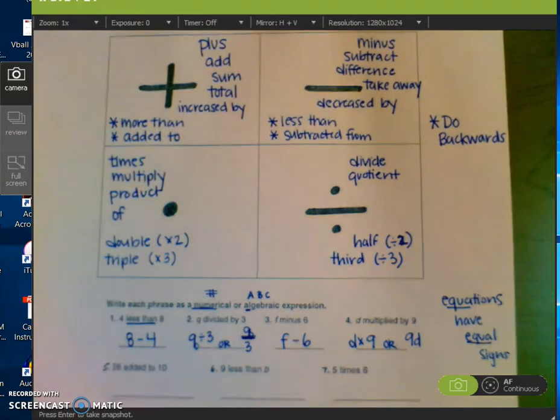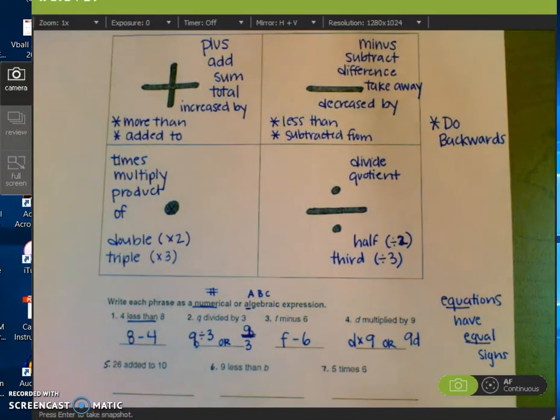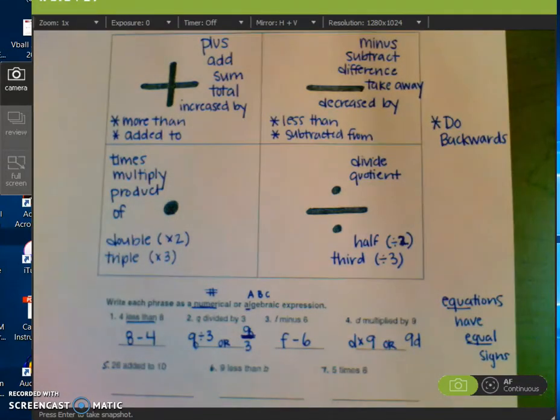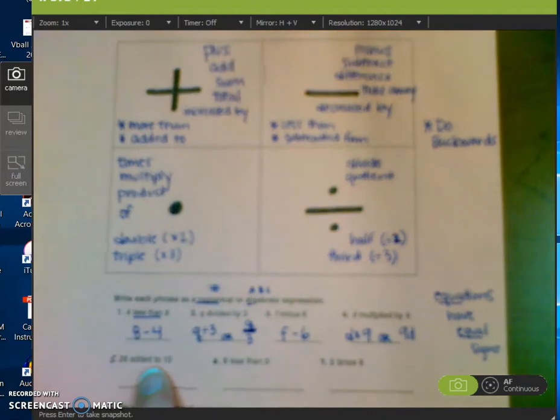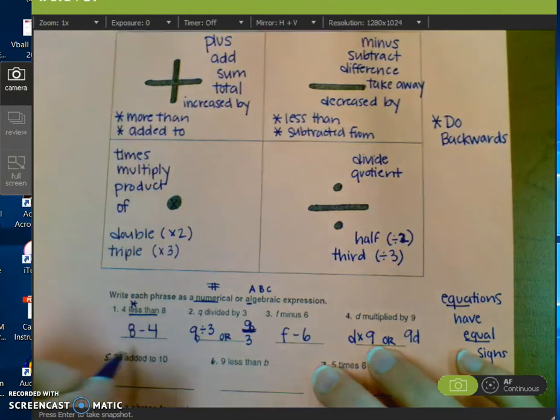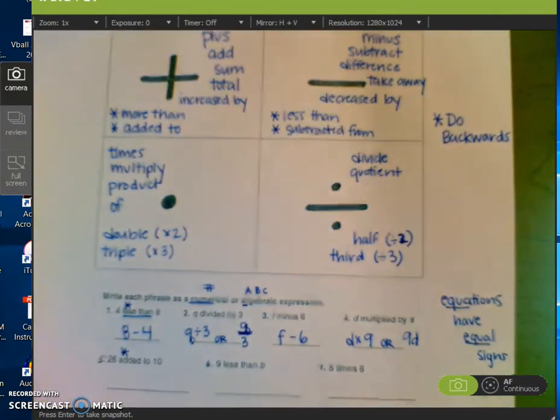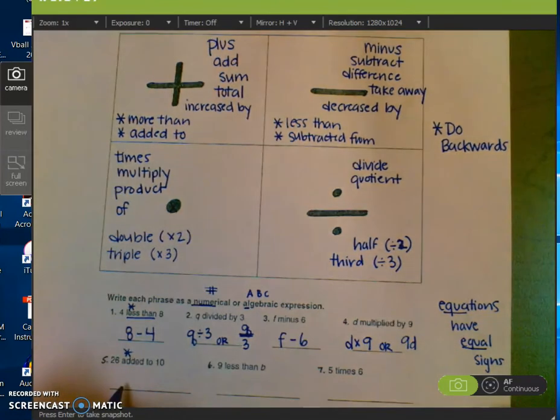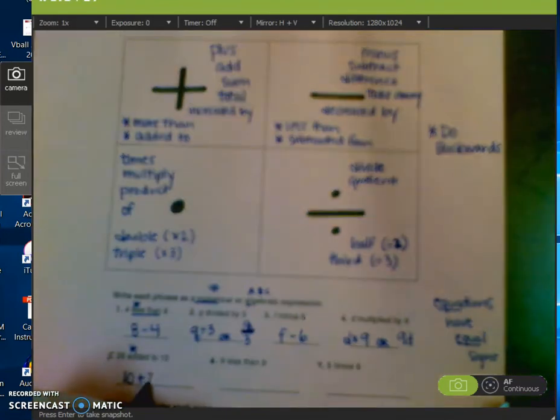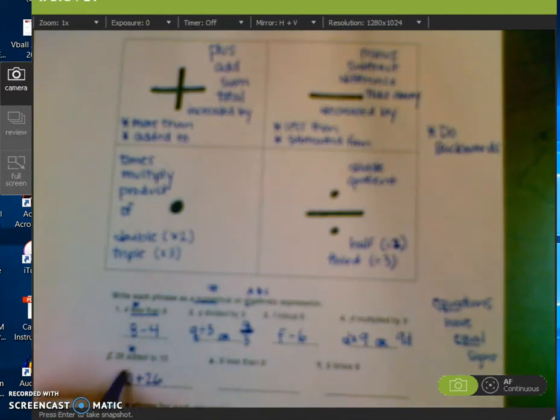If you want to, I would challenge you to pause the video and try these next 3 on your own, and then check your answers when we're done. So 26 added to 10. Just like we starred less than, we starred added to in our notes up here. And remember, that means we're going to write them backwards. So instead of 26 plus 10, we're going to do 10 plus 26, because they're saying that 26 is added to the original number of 10.